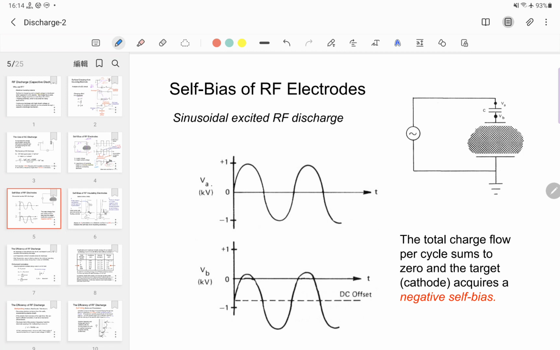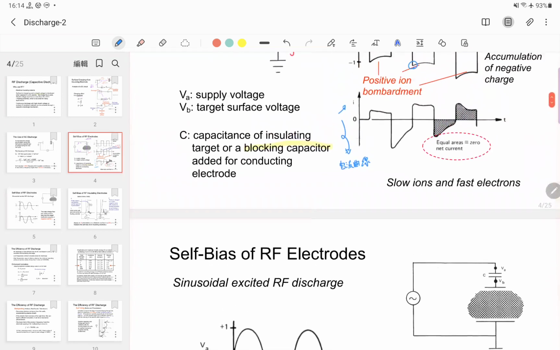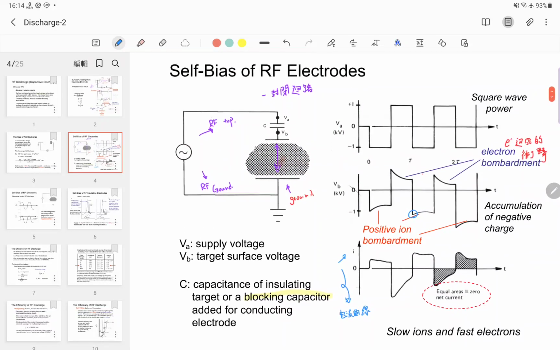In this slide, if you use a square waveform for the power supply, the change of voltage on the surface of the top electrode looks like this. Eventually, after several cycles, the top electrode experiences very high negative bias in this half cycle and small positive bias in another half cycle.